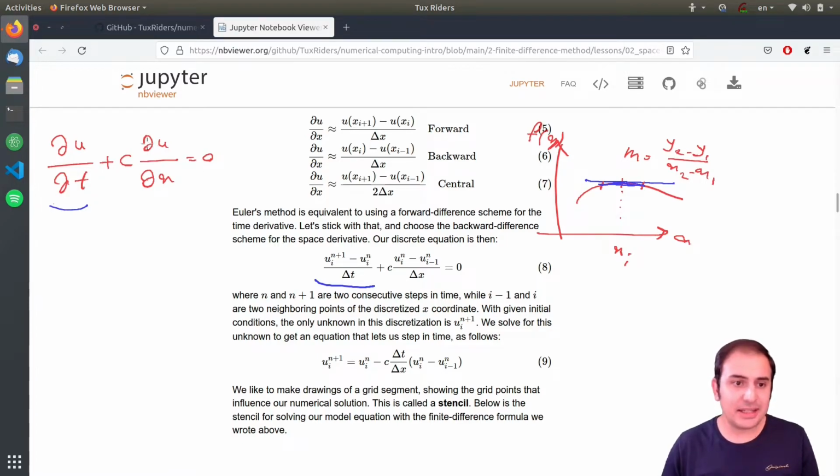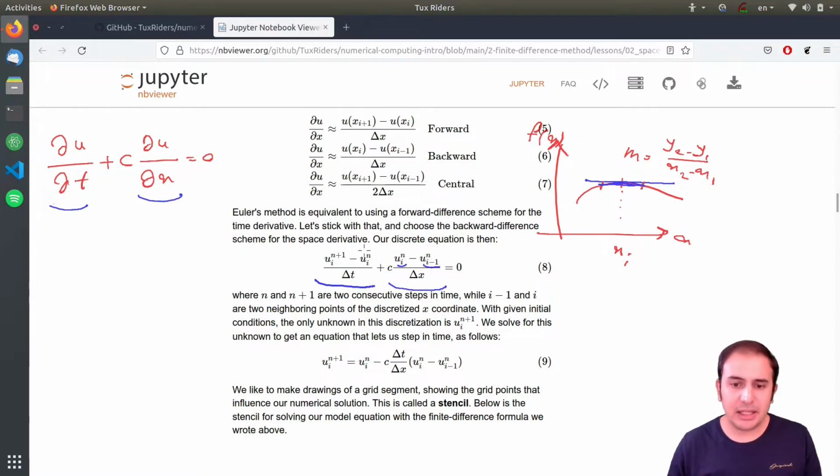And for the partial derivative of u with respect to x, this time using the backward difference, it is this one. So this is a forward difference in time: next time step minus current time step, plus the backward difference in space, the current coordinate i minus the previous one.